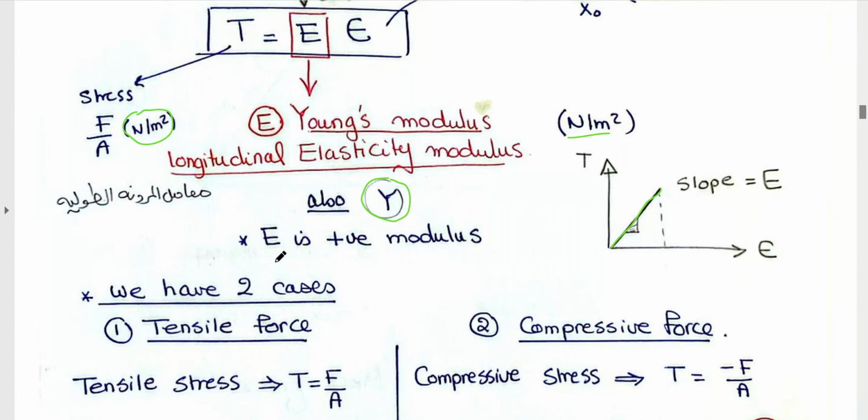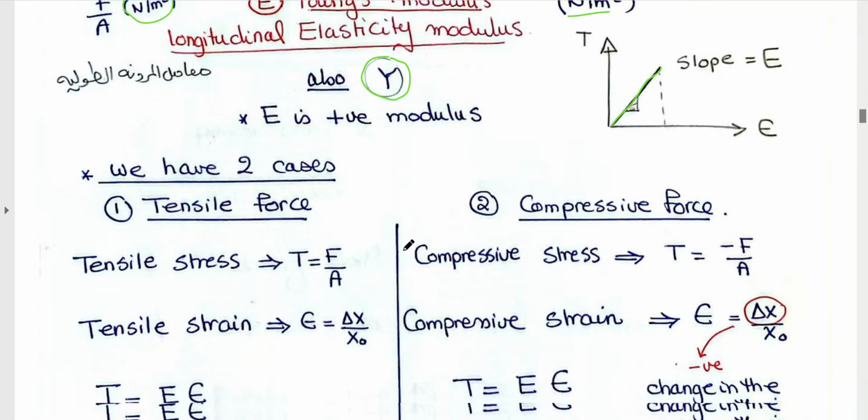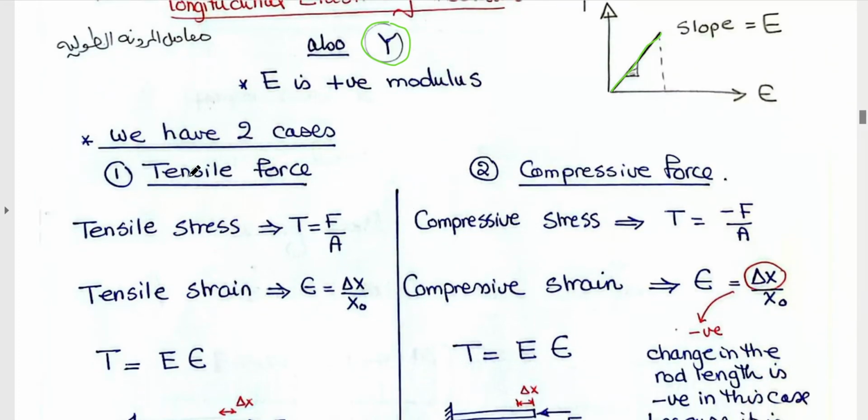Take care that Young's modulus is a positive modulus. The moduli of elasticity must have a positive value. It's never negative. Let's discuss two cases. The first case is when we have tensile force.